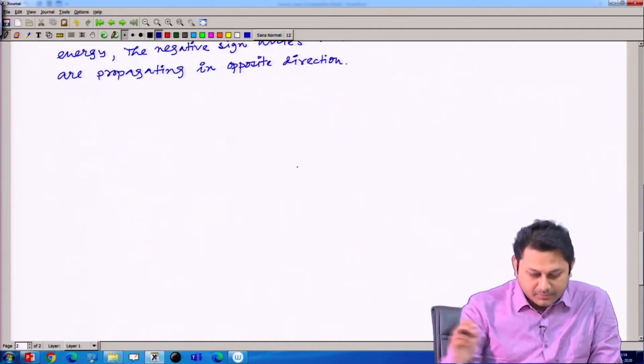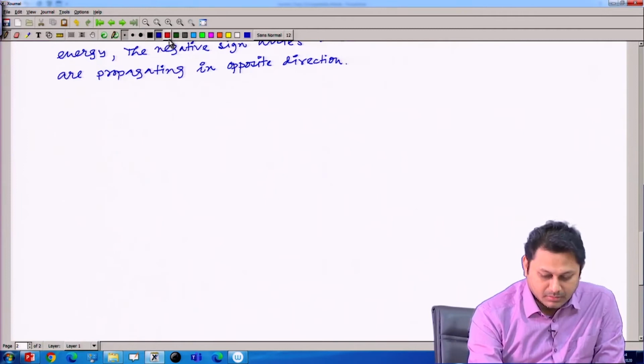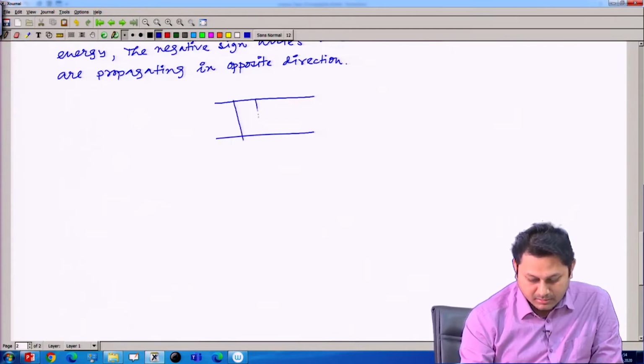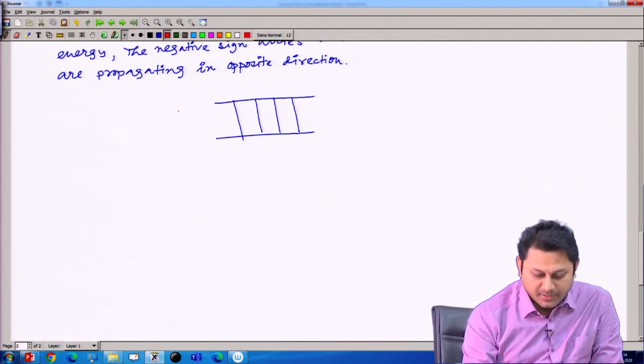So, in this we already see. If this is the Bragg grating structure, then one wave is propagating along this direction, which is our psi f, but another wave which is reflecting back from that is moving in this direction, psi b.